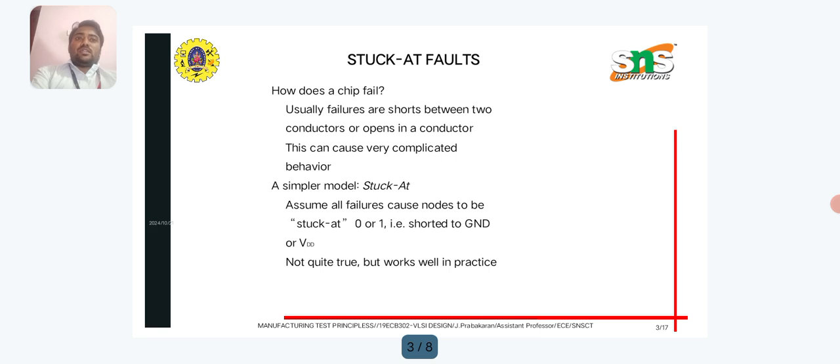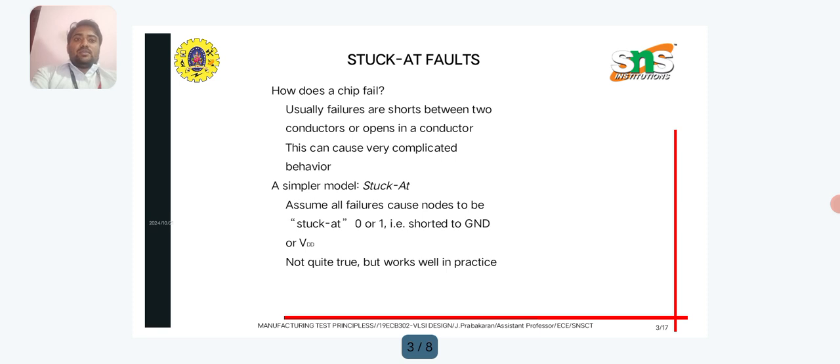And bridging fault means two or more signal lines are shorted together. And open circuit faults in the sense a wire broken or disconnected leading to no signal flow. And delay fault, signal doesn't transition within the required timing constraints, causing timing failures.